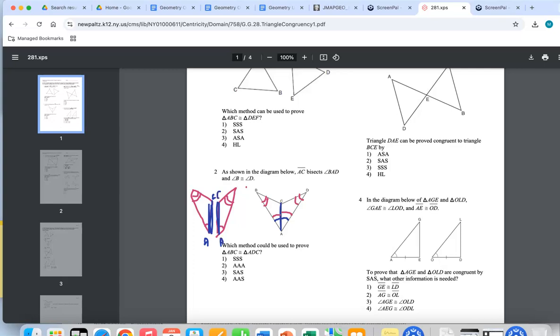So that's an example of the reflexive property. You can look up the reflexive property if you want, but we can mark up this side. So we have now angle, angle, side. And this is a similar situation. Angle, angle, side. Right? So that is the answer for this.